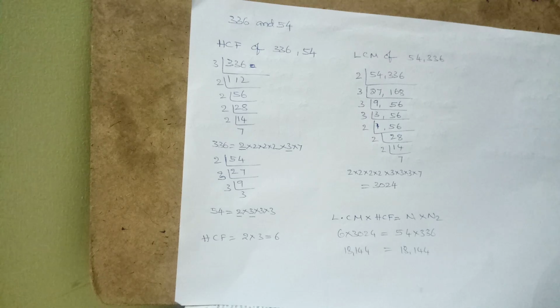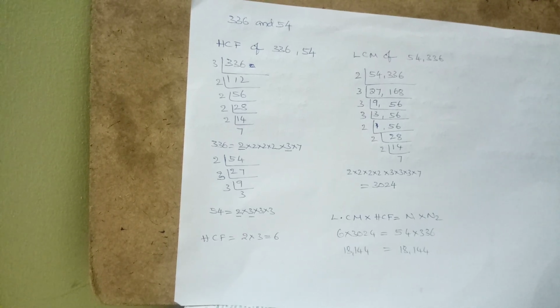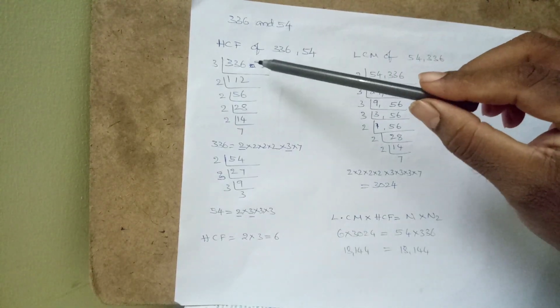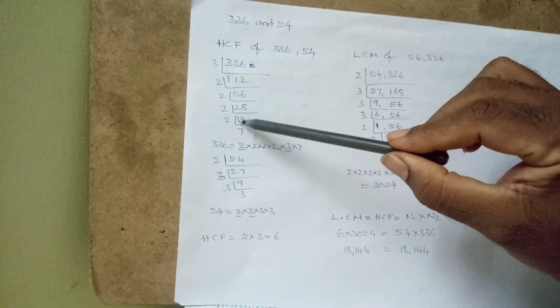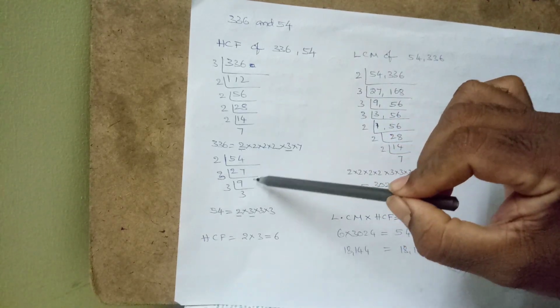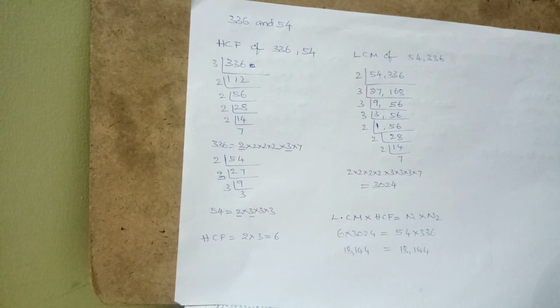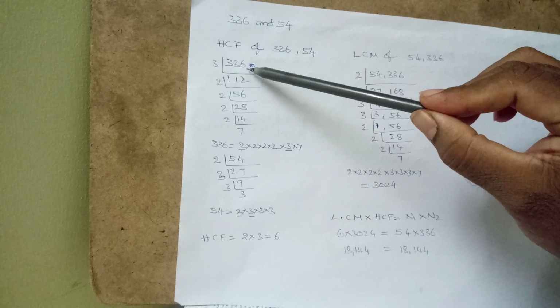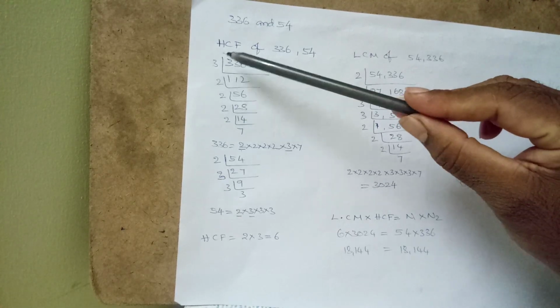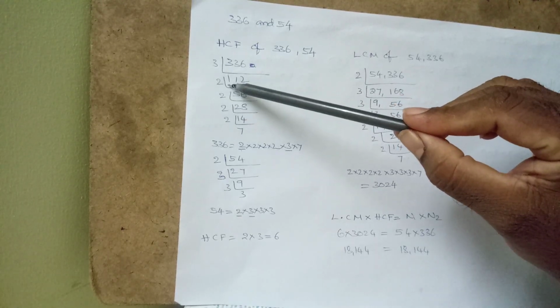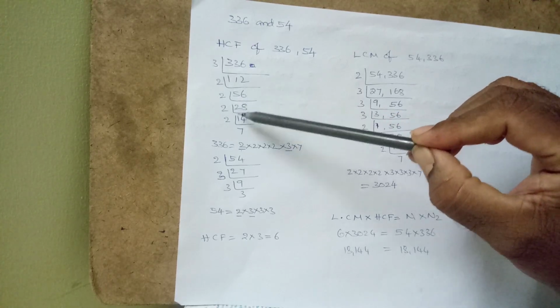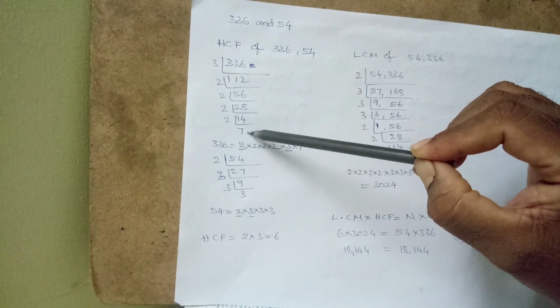The next one is 336 and 54. Now we have to find the factors for both, then only we can identify the highest common factor. So first I have taken 336. According to the divisibility rule, I took 3, and the division goes like that, 112, and again division 56, 28, 14 and 7.